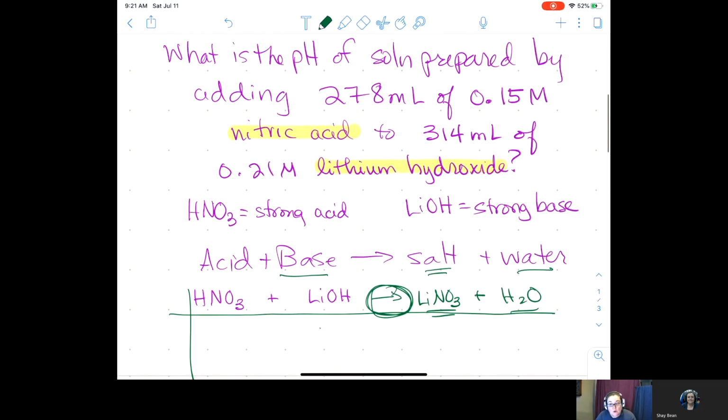We can keep this in moles. Typically in Chem 1, we would keep this in moles rather than molarity as we ran our stoichiometry problems. That just makes the math a little easier.